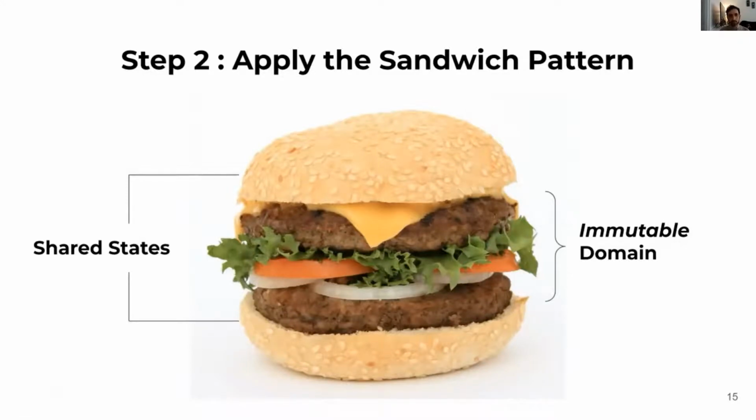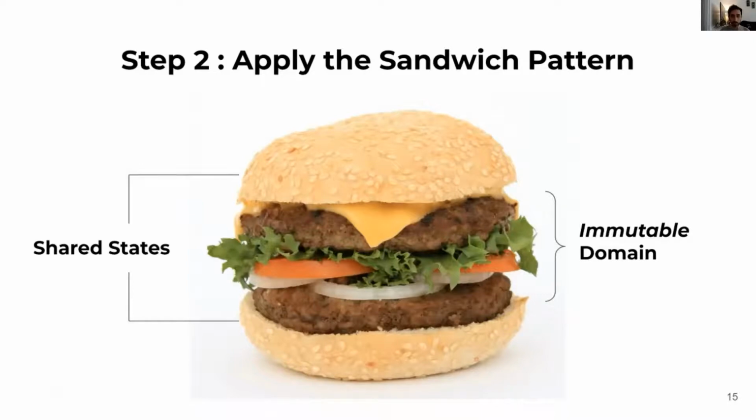What do we call shared state? It's all the interactions with the external world. For example, your user interface or your database or any other web services that you call to get some data. These are shared states. The domain is where we have our business logic, for example, the methods can test, and so on.